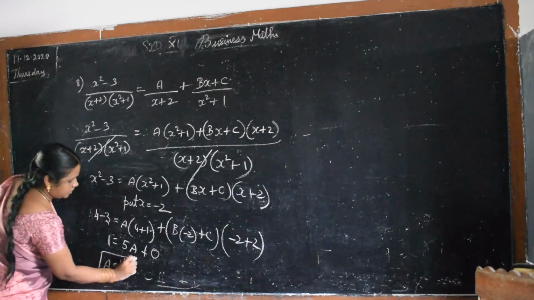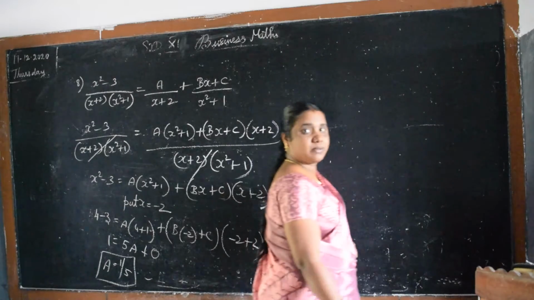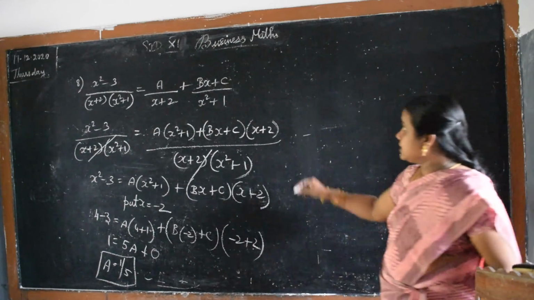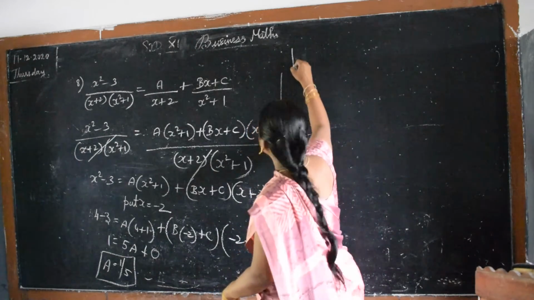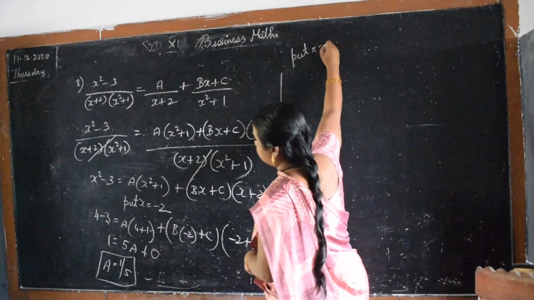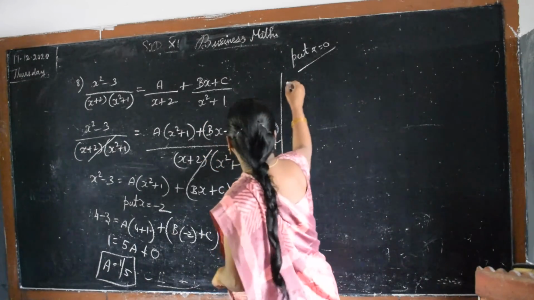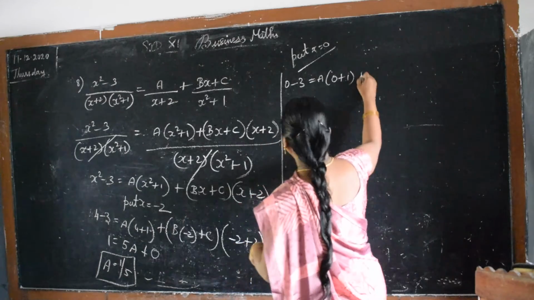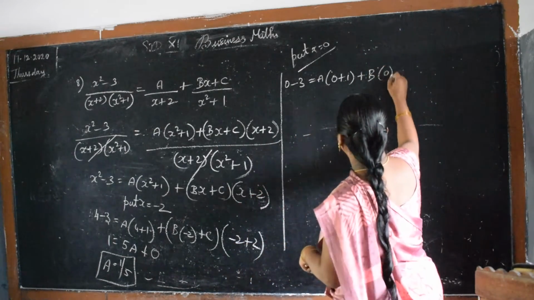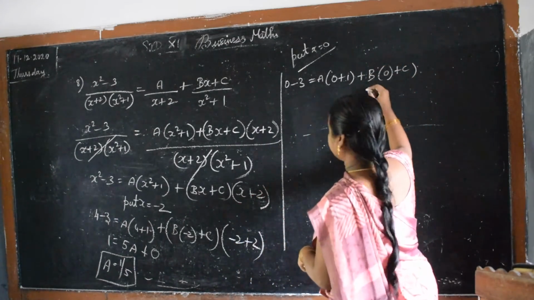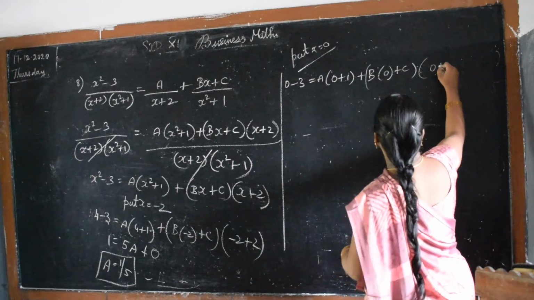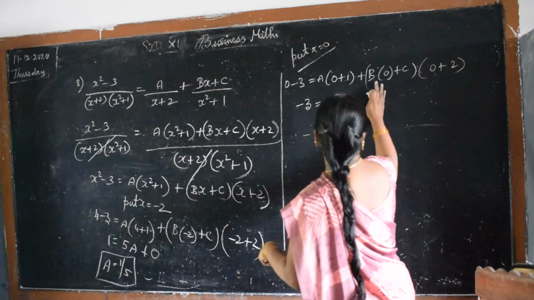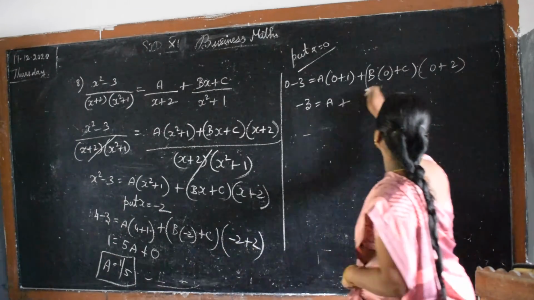Okay children. Next I am going to substitute x = 0. See here, now substitute x = 0. What will you get? 0 + 2. So −3 is equal to 2a; b will become 0; and 2c, see here 2 is there.